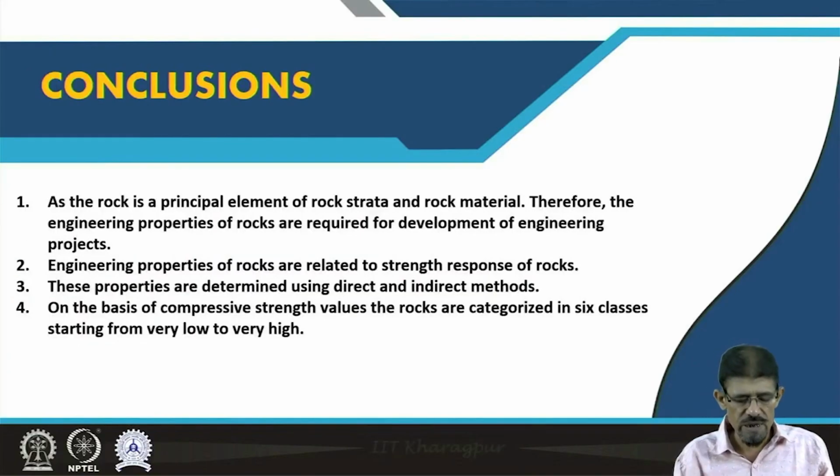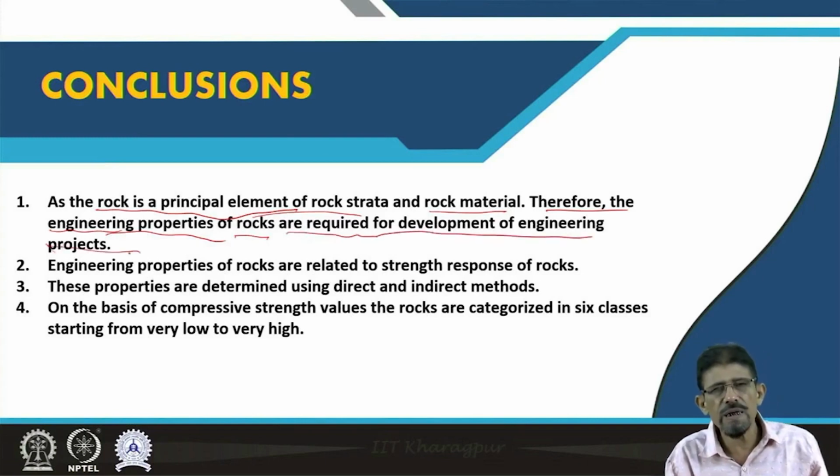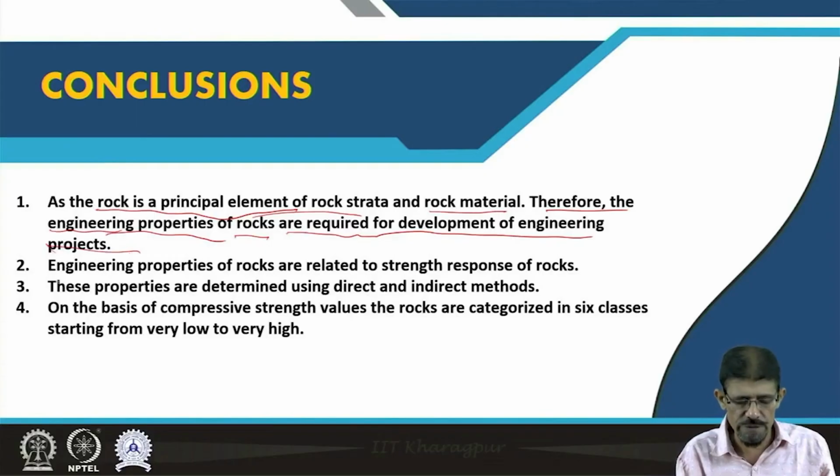As far as the conclusion is concerned, friends, as you know, the rock is a principal element of the rock strata and rock material. Therefore, it is necessary to know the engineering properties of rocks. The engineering properties of rocks are required for development of engineering projects and engineering geological applications.